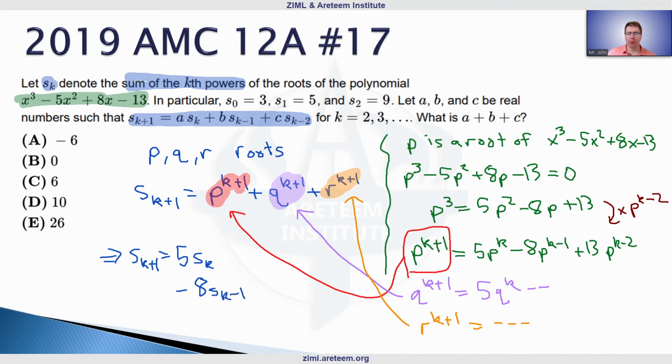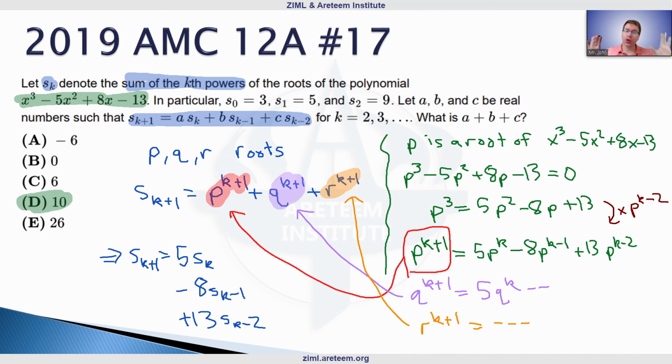And then we have plus 13 S sub k minus 2. So we're actually done. Our final answer is 5 minus 8 plus 13, however whichever order you want to do this in is good. So our final answer is answer choice D.